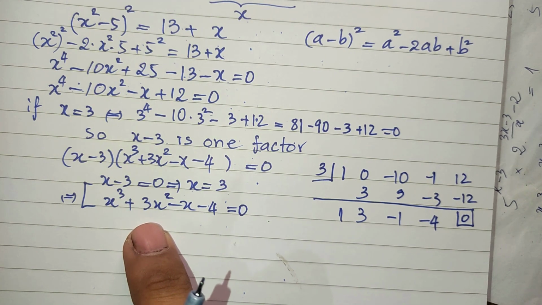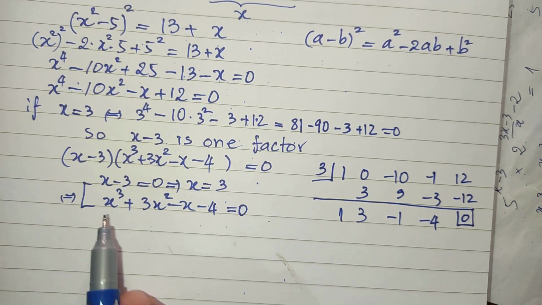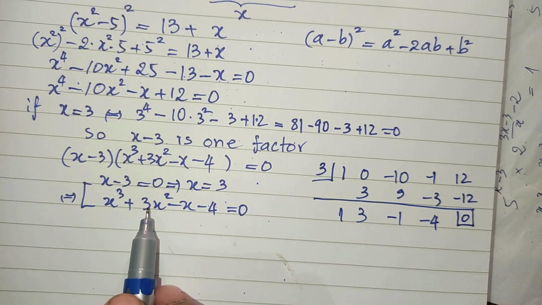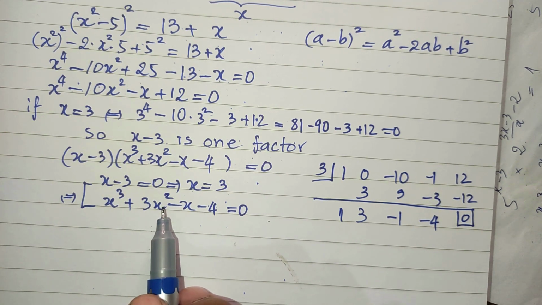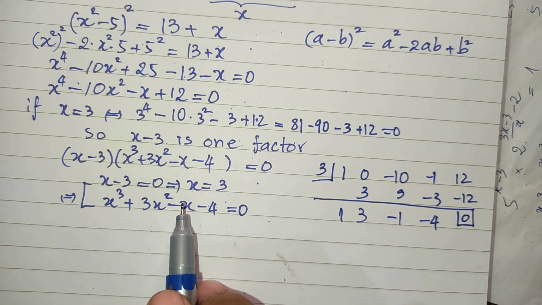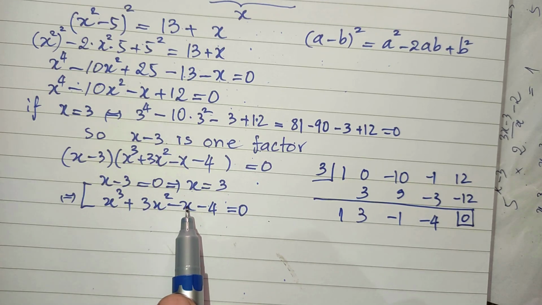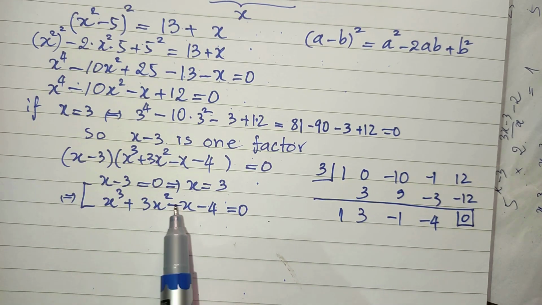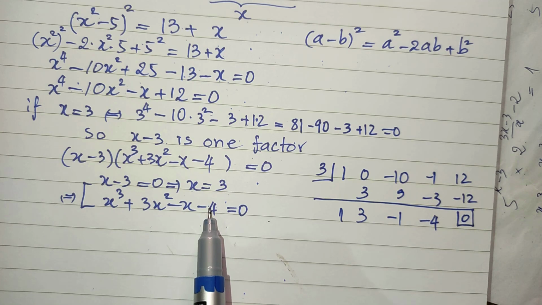In this equation, if we replace h by 1, we get 1 plus 3 is 4, minus 1 is 3, minus 4 is minus 1.